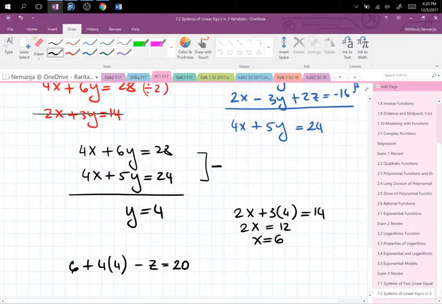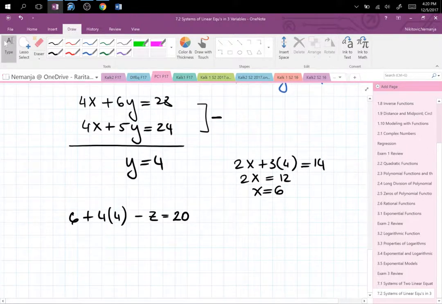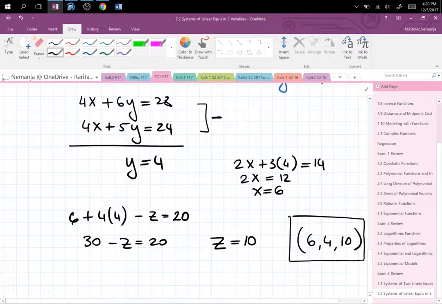Get in the habit of crossing your z's, because they're going to look like 2's and eventually you can make a mistake that way. So 6 plus 24 is 30, minus z equals 20, so z is 10. And the answer is 6, 4, 10, as the ordered triplet x, y, z.